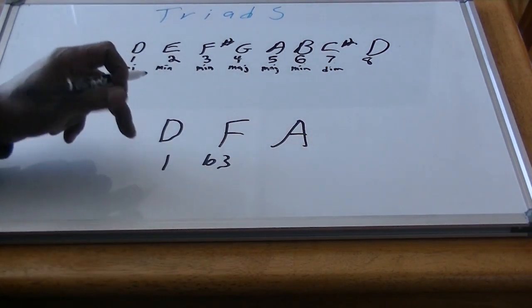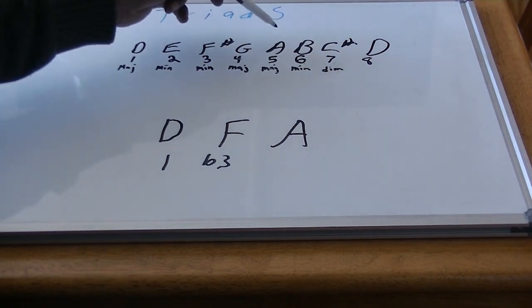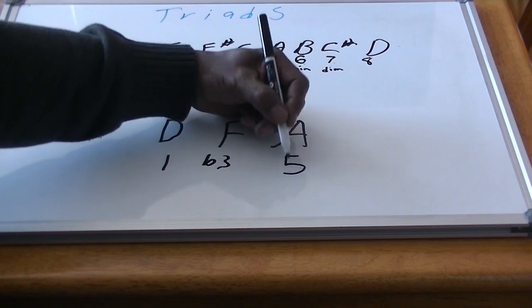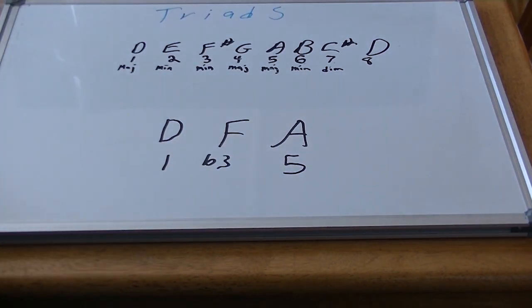And finally, we have the A note. As we can see, the A note is the fifth note of the scale. So we can see that the D minor chord consists of the first, the flatted third, and the fifth notes of the D major scale.